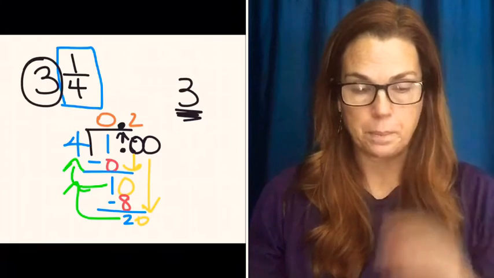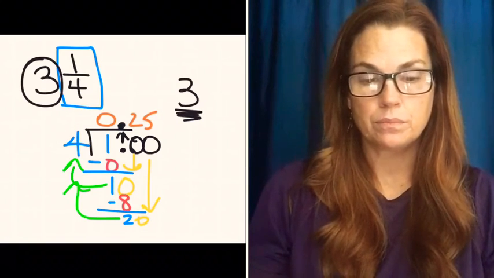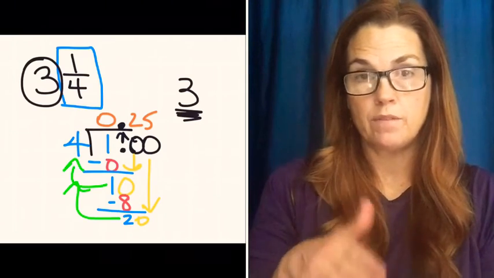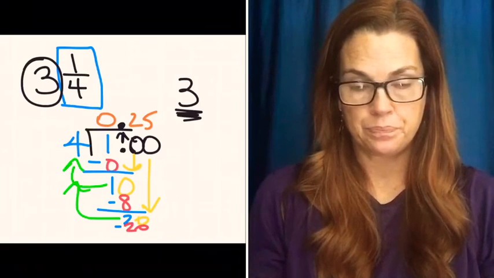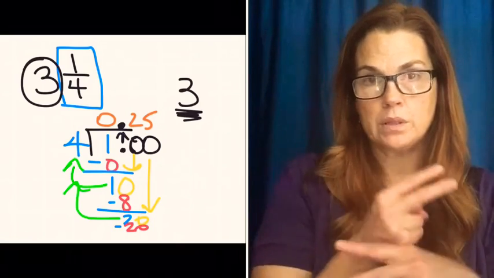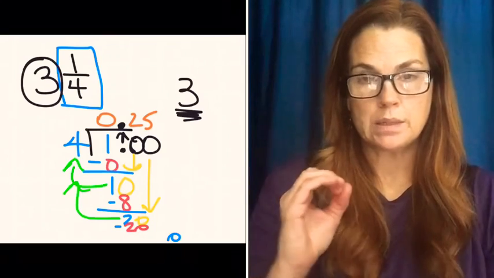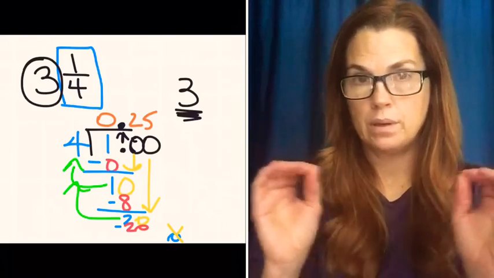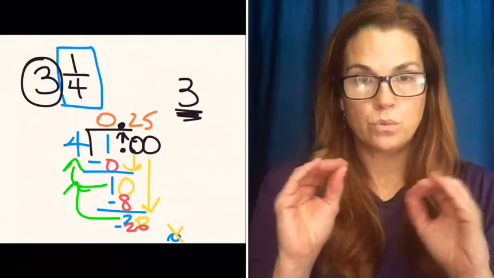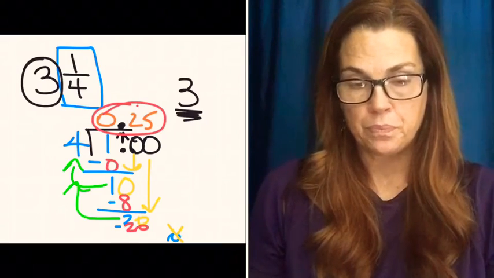I can make 5 groups of 4, or I can subtract 4 5 times from 20, because 4 times 5 is 20, and 20 minus 20 is 0. I now have no remainder and no digits to bring down, so we're finished. My decimal equivalent to 1/4 is 0.25.